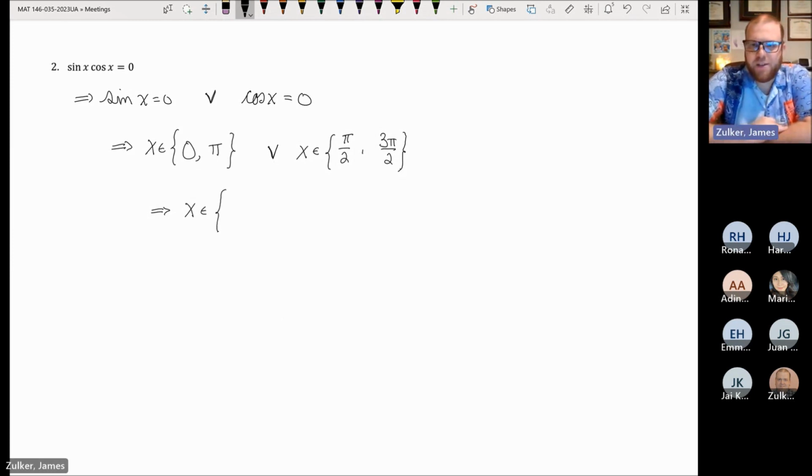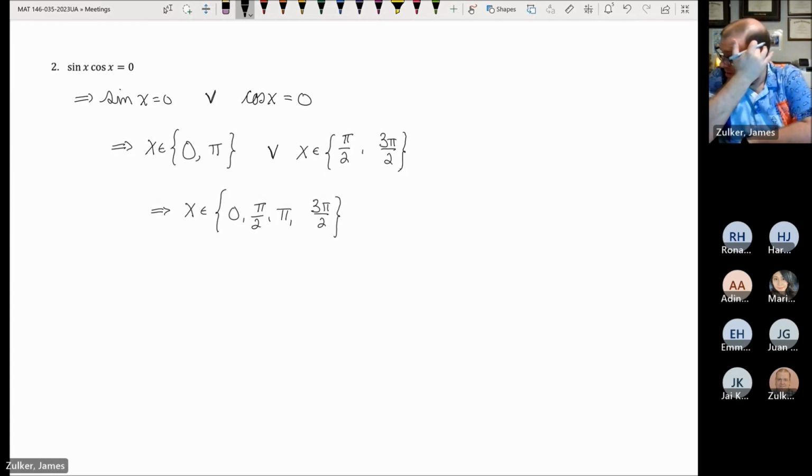That means x is in the union of the sets. So we have 4 solutions: 0, pi over 2, pi, and 3 pi over 2.